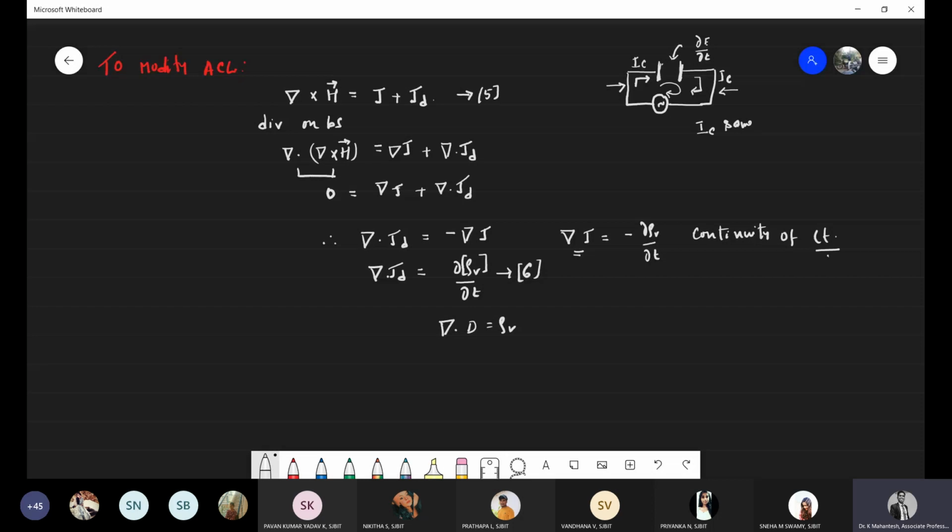Yes, sir. So this IC and this IC are the same. There is no alteration to this conduction current even after the capacitor is charged. And I call this displacement current ID, which is due to the displacement of electric field.